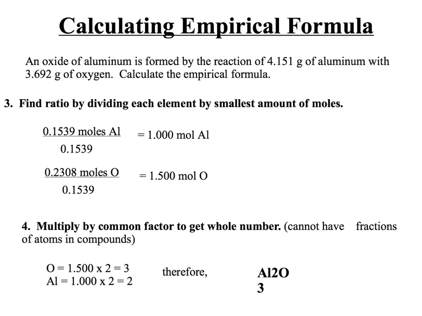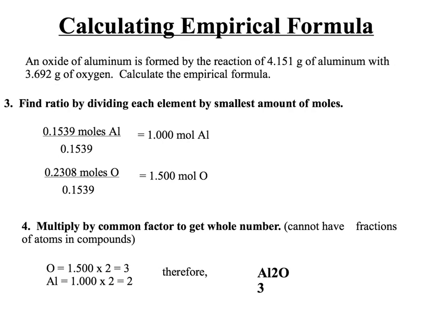However, we cannot write a formula with decimal points. We could not write Al1O1.5. So we must multiply by a common factor to get the whole number. If we take our 1.5 and multiply it times 2, we would get the whole number 3. But just like in mathematical problems, whatever one does on one side of the equation, they must do on the other side of the equation.